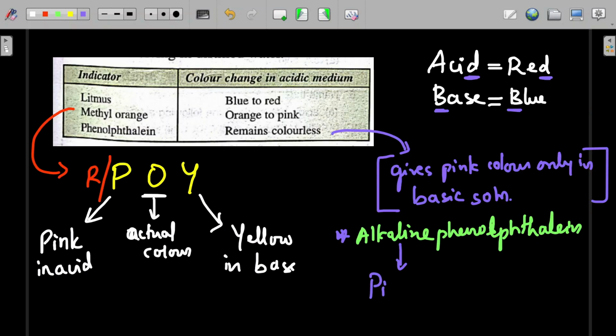So it is already a pink colored solution. Now if you take alkaline phenolphthalein and add it to acid, then it becomes a pink to colorless solution. So these are the four things they will ask you. I will not explain this again in the base part, as I have explained it for both acid as well as base how the color will change.